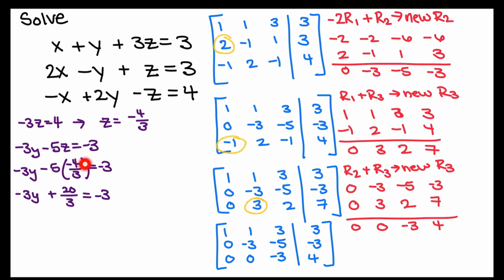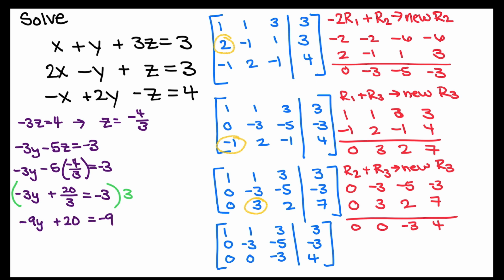So 5 over 1 times 4 over 3 should be 20 over 3. And then, I'd rather not deal with an equation with fractions, so I'm just going to multiply everything by 3. That'll clear the fraction. That's my least common denominator.